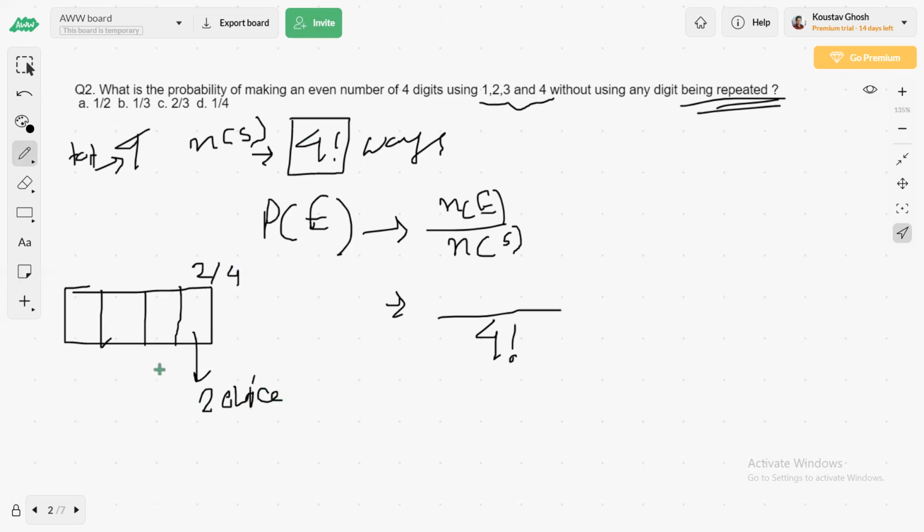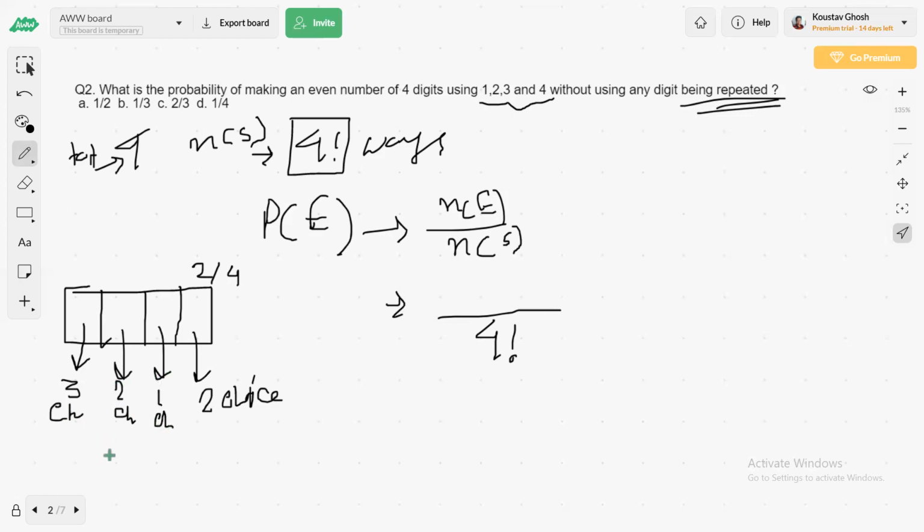Then, if 2 or 4 is occupied in the last place, in the first place there are three choices, then two choices, and then one choice.